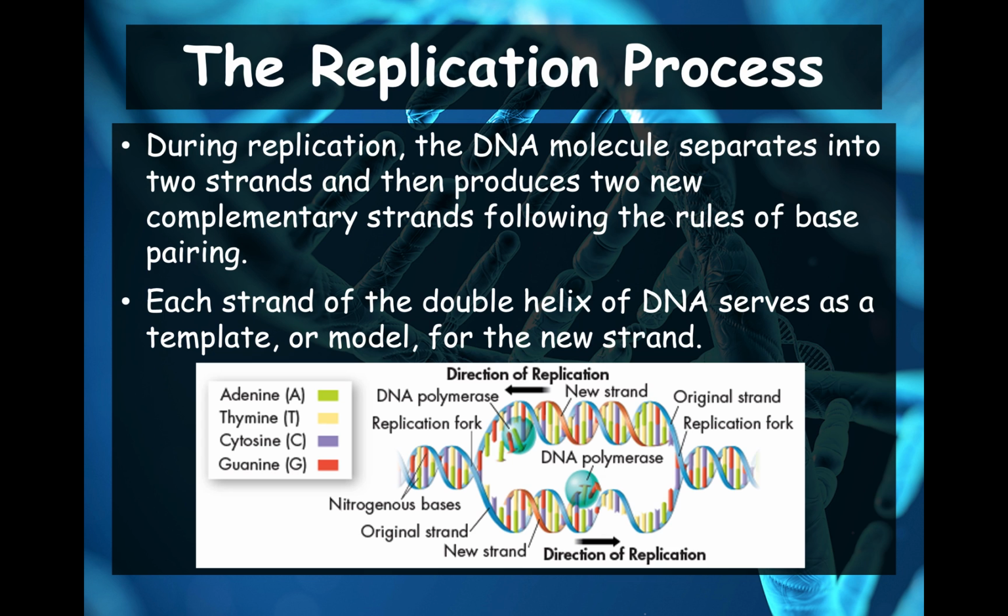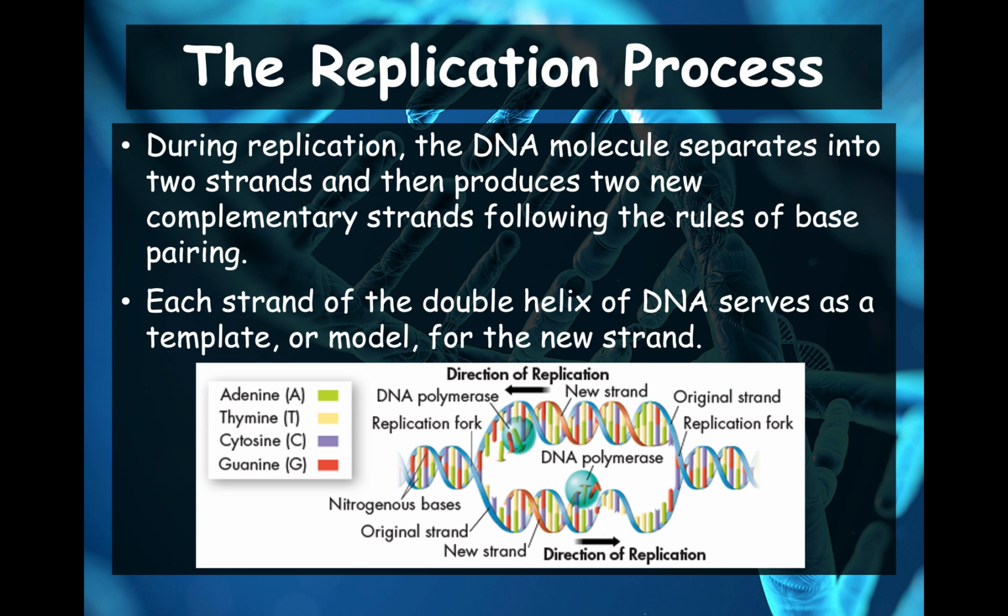So during DNA replication, the DNA molecule separates into two strands. Okay, so you can see where it says replication fork, that's where the DNA is splitting. Each side is splitting off, and where they're splitting off, there is a new strand that's being copied on either one.